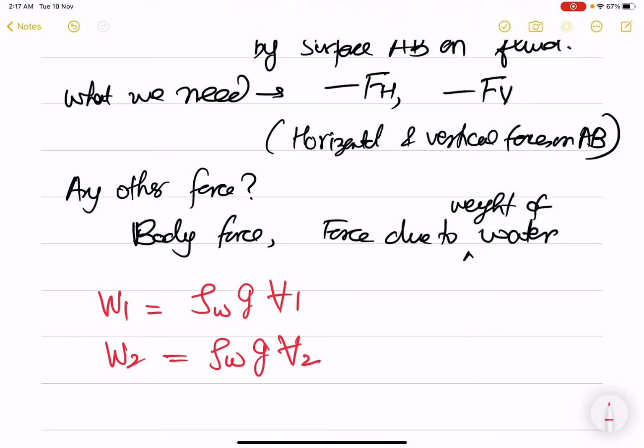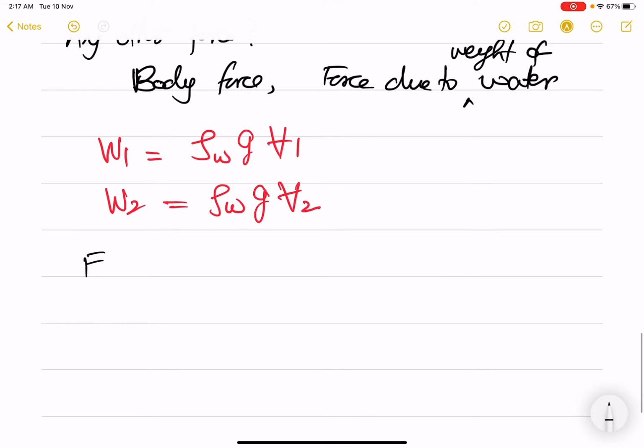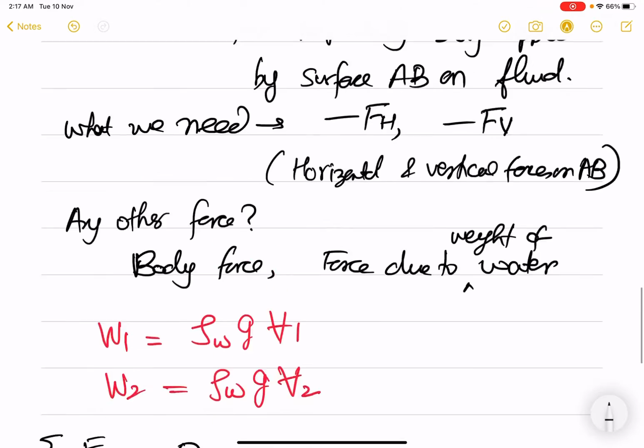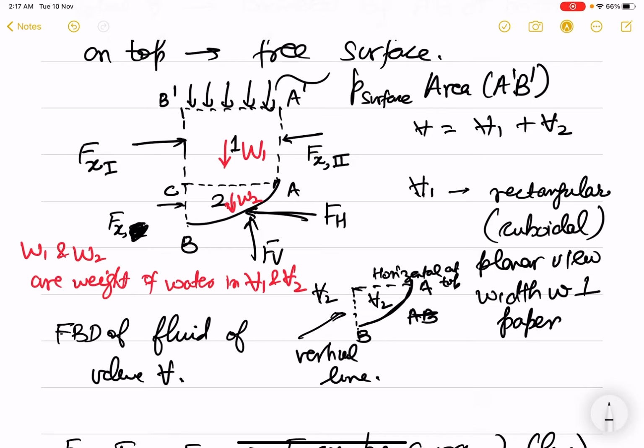And now let's do a force balance of this. So now we do sum of all the forces in the x direction. Now in the x direction, what are the forces? Fx1, Fx2, Fx and Fh.